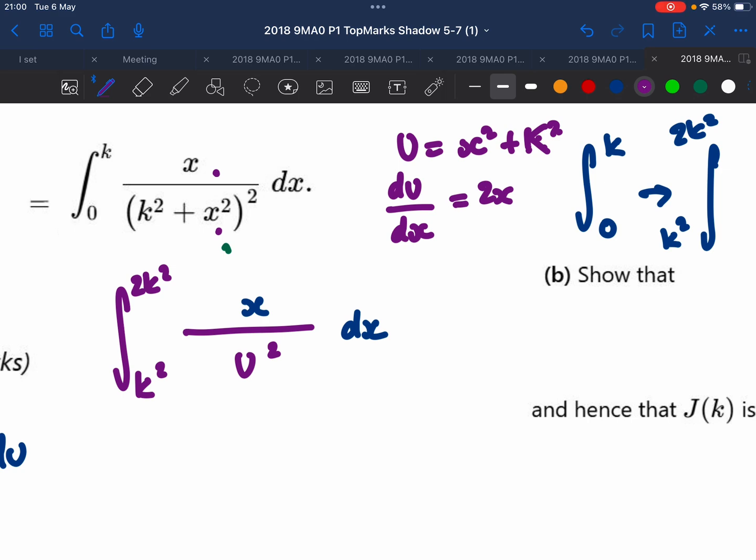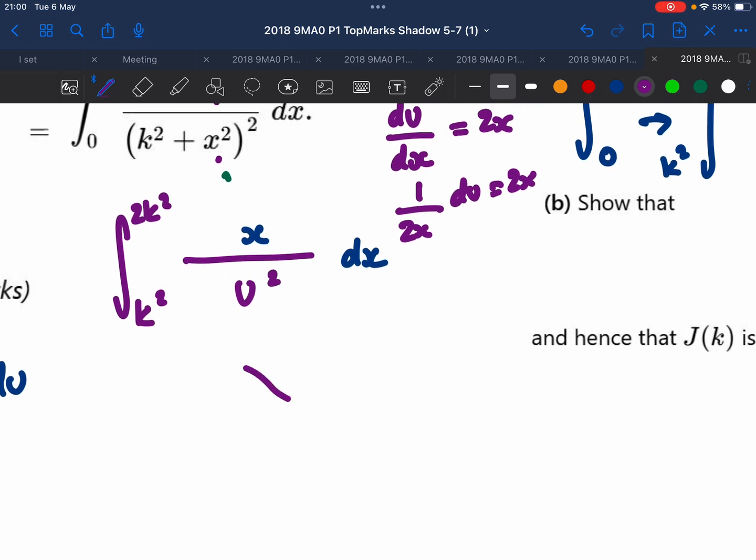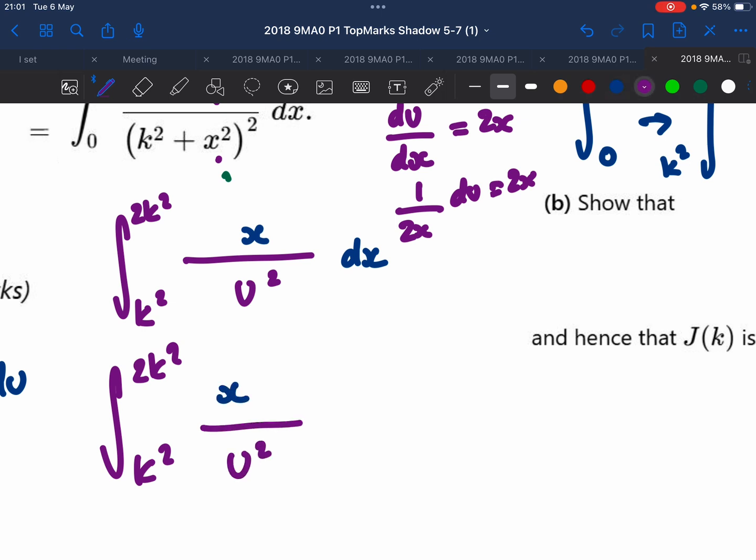We said that 1 over 2x du equals dx. So I think that's going to tackle itself again, isn't it? So that gives me from 2k squared to k squared. We'll write it out the long way. So u squared dx was 1 over 2x du.